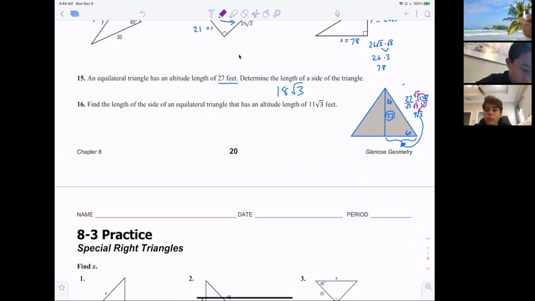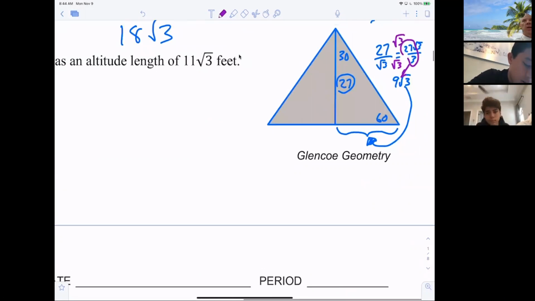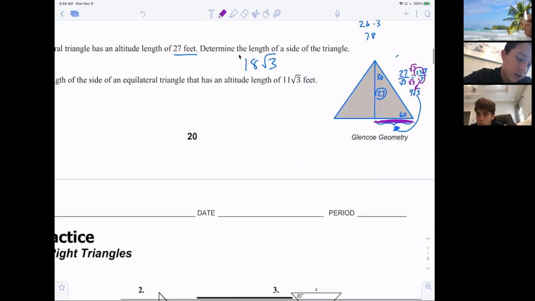Isn't it the same problem? It's kind of the same problem, except it's easier. So this side right here is going to be 11, so the whole side is going to be 22. If I need to draw that picture again, I can.